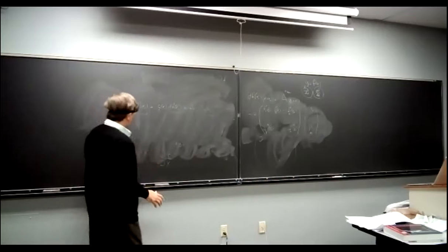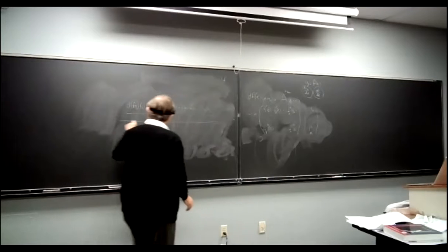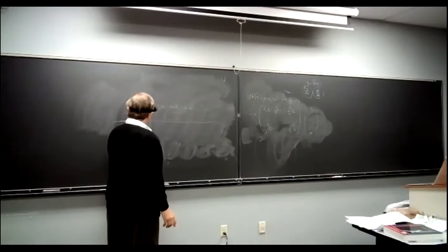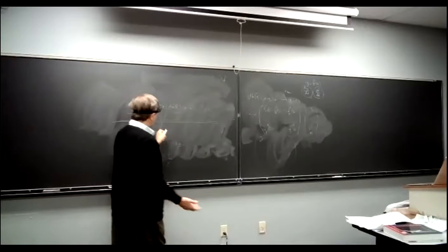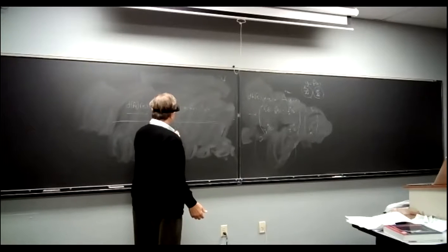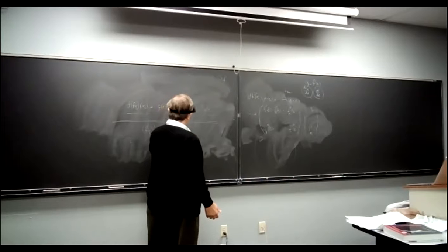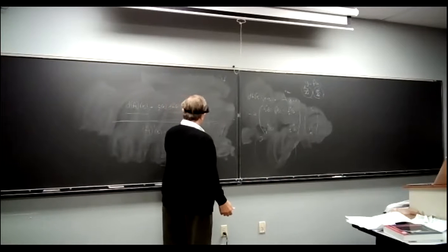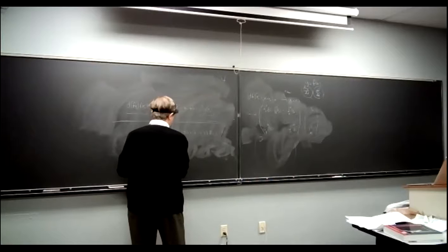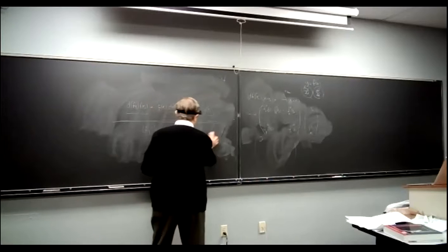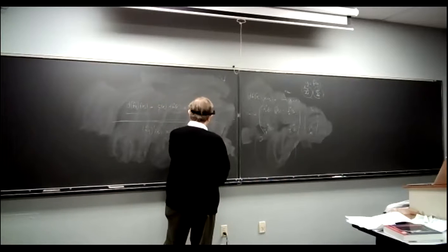So let's go back to Calc 1 for a second and talk about the derivative of fg at x naught. There you learned that it was f prime of x naught, g of x naught, plus g prime of x naught, f of x naught. And so in order to make it exactly the same, let me rewrite that second as f of x naught, g prime of x naught.